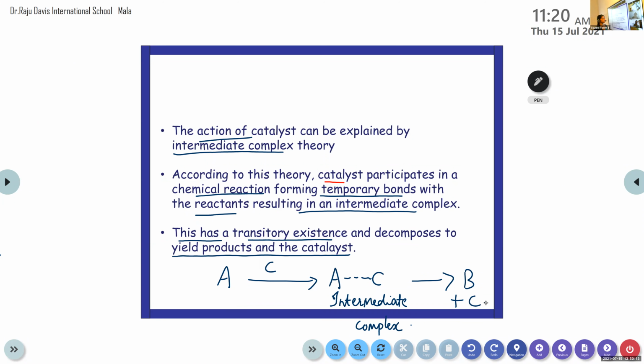According to this theory, the catalyst participates in a chemical reaction forming temporary bonds with the reactants, resulting in an intermediate complex. It exists for a very short time and decomposes to yield products and the catalyst.